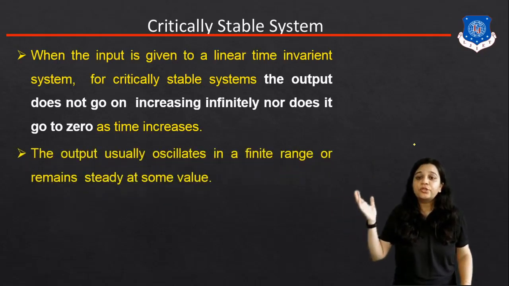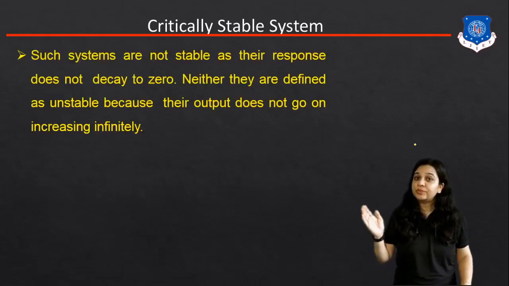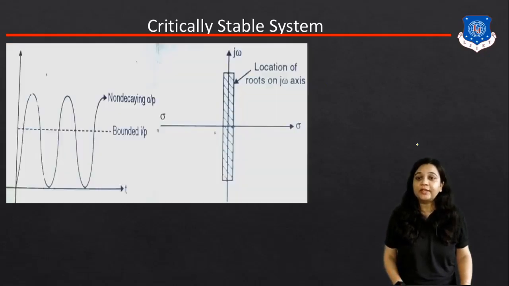So the output usually oscillates in a finite range or remains steady at some value. That type of system is known as the critically stable system. Such systems are not stable, as their response does not decay to 0, neither are they defined as unstable, because their output does not go on increasing infinitely.